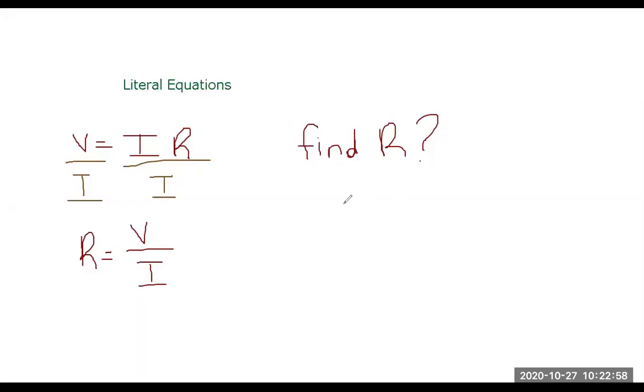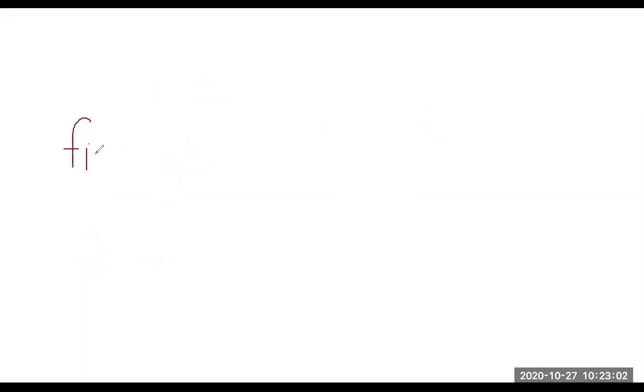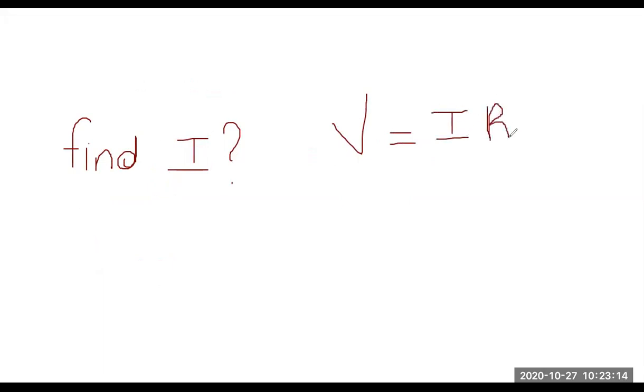So what if I say find I? And the equation is V equals IR. Then it'd be V over R. So I divide by R because R is beside I, right?